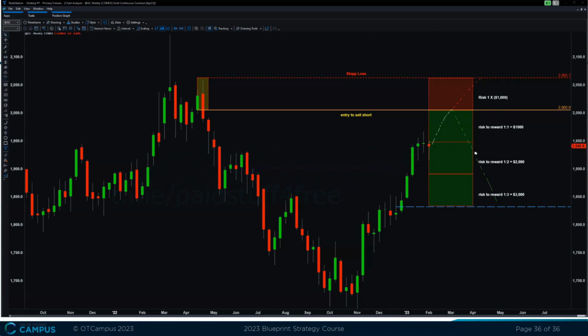So the more price moves, the more boxes it travels, the more hours you collect. So here you collect 3 boxes, 3 hours. And if 1 box of risk is $1,000, then 3 boxes of reward would be $3,000. So for every dollar you risk, you make $3 of profit.